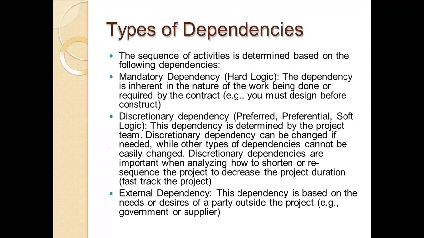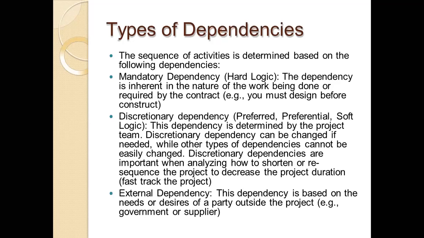The dependency is inherent in the nature of the work being done or required by the contract. So that is a hard dependency. You cannot avoid it. You must do this design before that design, or before that construction. Anything that needs to be done before is done before. That is an example of mandatory dependency.